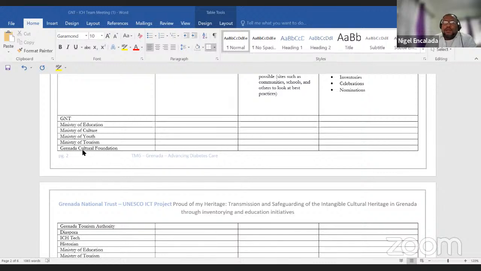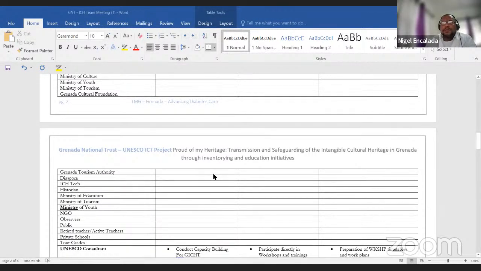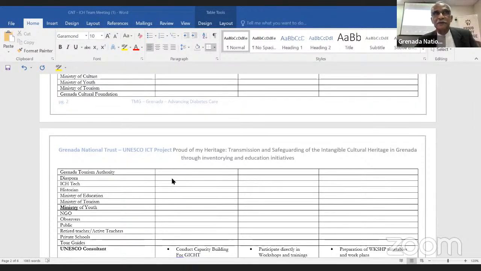Thank you. The Grenada Cultural Foundation. I think I saw Sherma this morning. Sherma, are you here? Yes, she's online. She was in the chat. And the CEO is here. He just stepped outside for a minute. Okay. The Grenada Tourism Authority, is that different from the ministry?